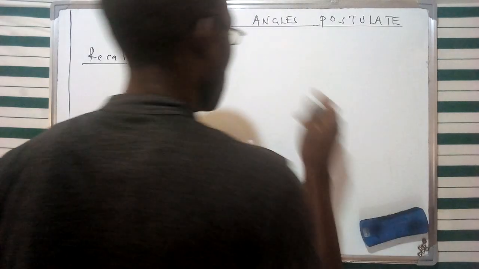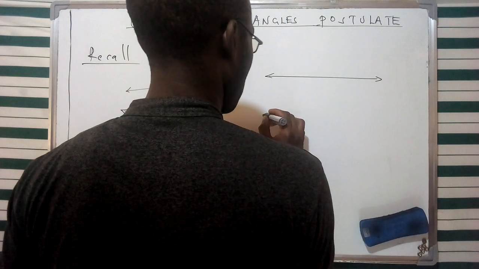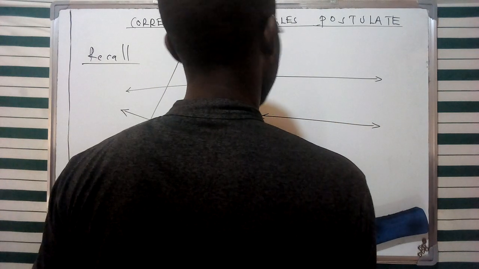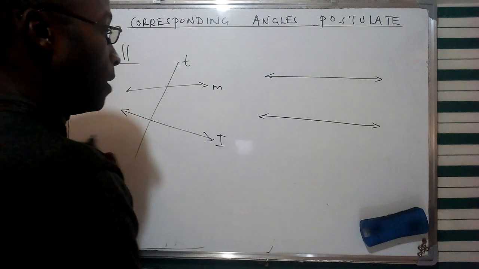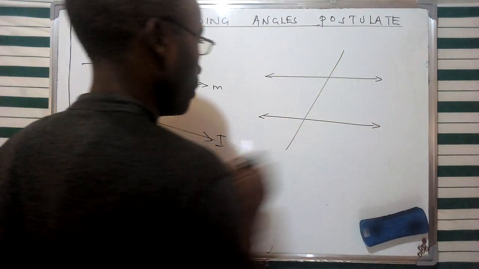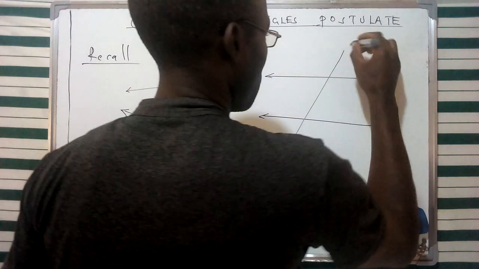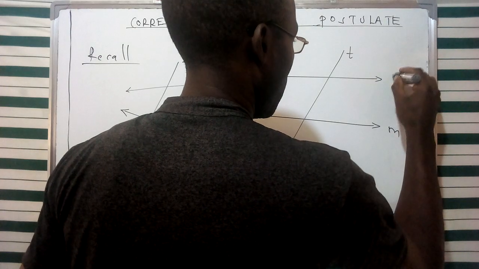So we said that this specific line can cut across these two lines, which are parallel or running in the same plane. In case I have a contrasted example using these two specific lines, I'm going to have this transversal, and this is going to be l and m.